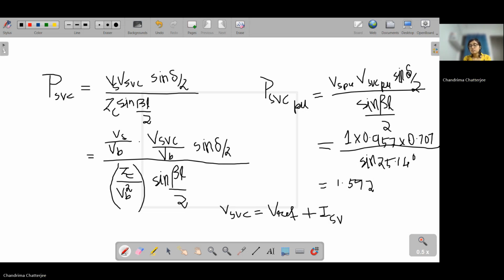How will we calculate ISVC? We already have calculated this. So you will have to find out V Thevenin at delta equal to 45 degree, and the rest of the values we already know.